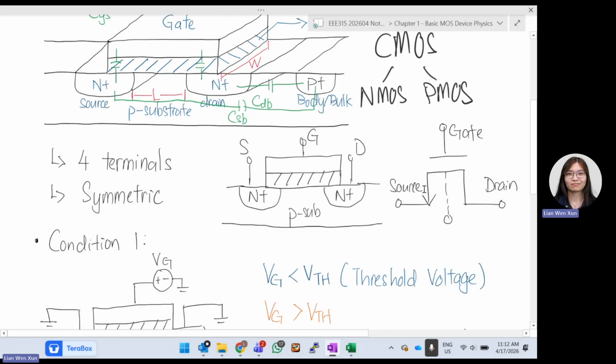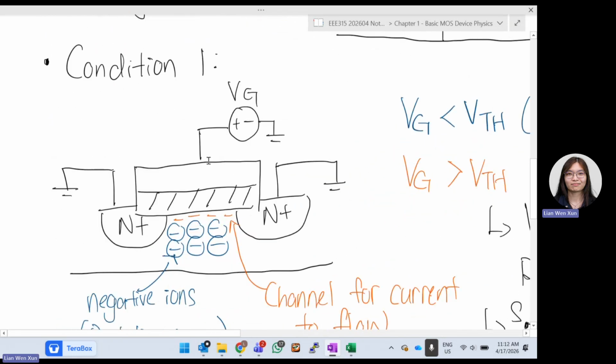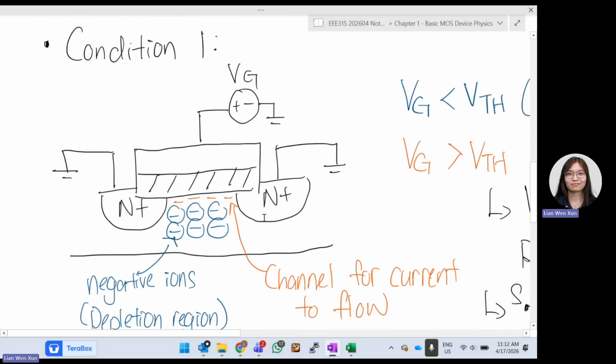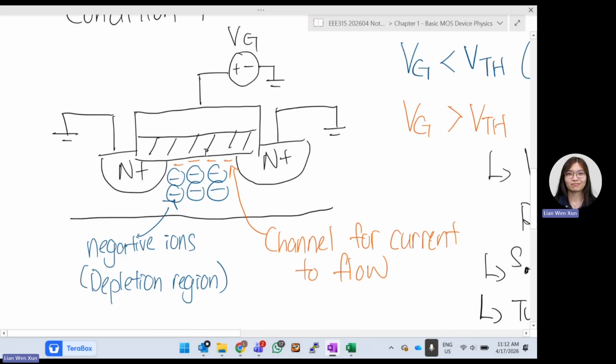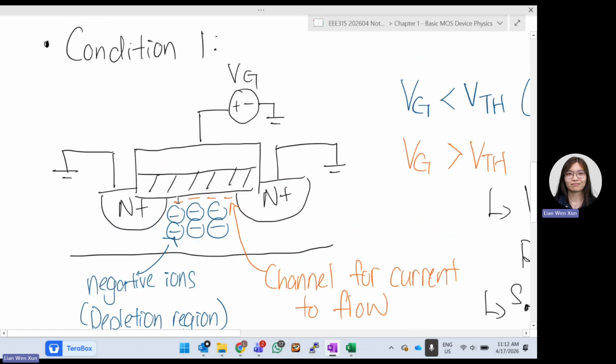To recall, this is our transistor. We have drain, source, and gate. If we only have gate voltage, we will have a channel first. If the gate voltage is already more than the threshold voltage, we will have a channel, but we won't have any current flowing. The amount of current flowing depends on the drain voltage and source voltage.